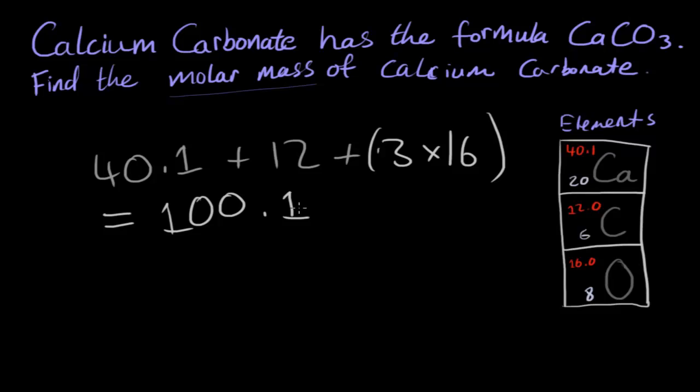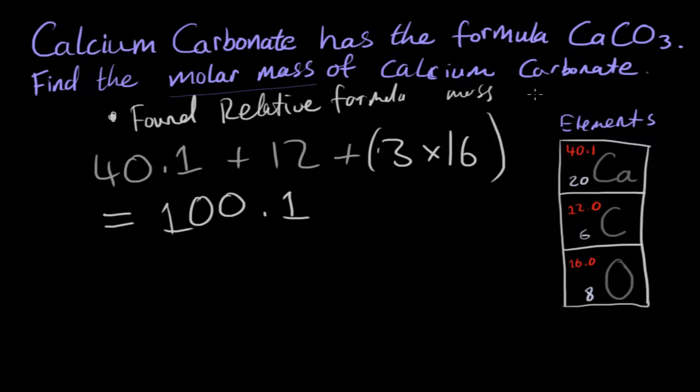So what we've done here is the first stage in a question of this format: we've found not the relative atomic mass, but the relative formula mass, also represented by the symbol Mr, just like relative molecular mass. Now, we simply add units to this, and we know that for molar mass the units are always grams per mole.